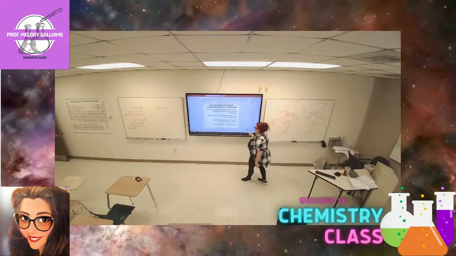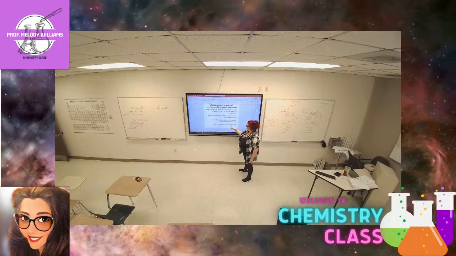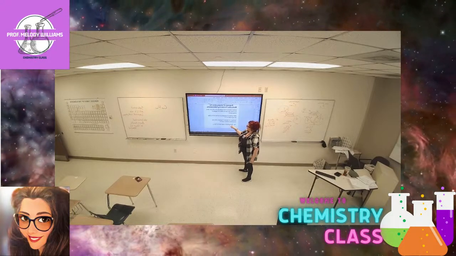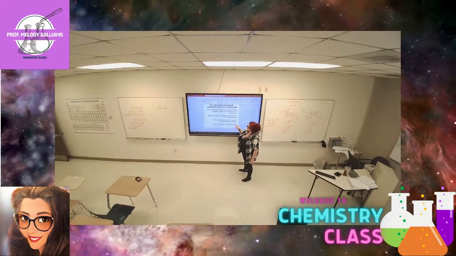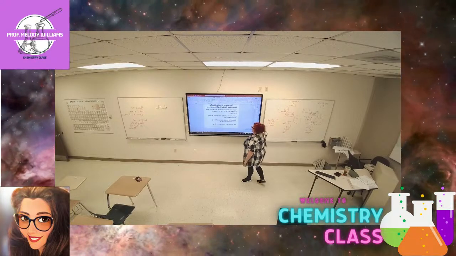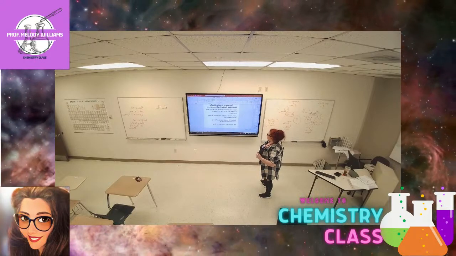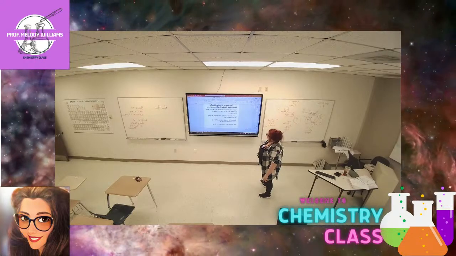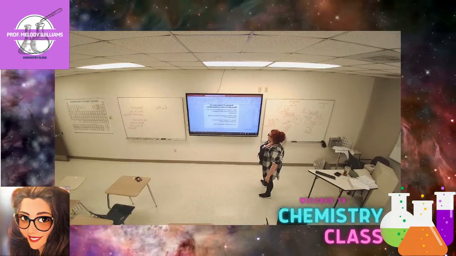So something like this. We've still got our 6 carbons. We ignore the oxygen. And then we add the number of halogens to the number of hydrogens.